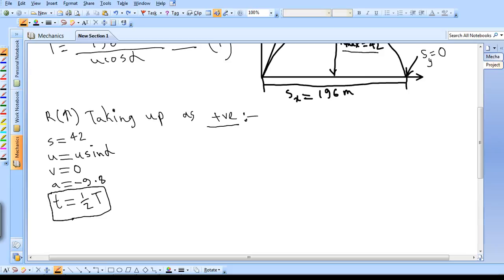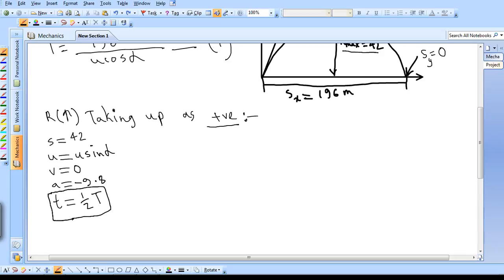How? Because we don't know t, and if we involve the initial velocity and this displacement, then these two would be unknown, and this would make things worse.